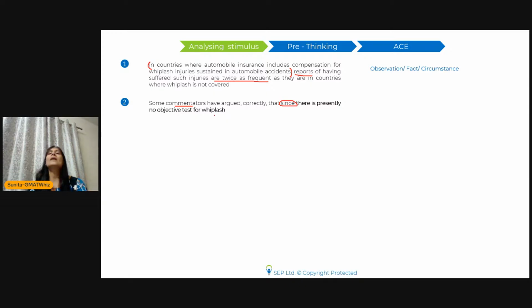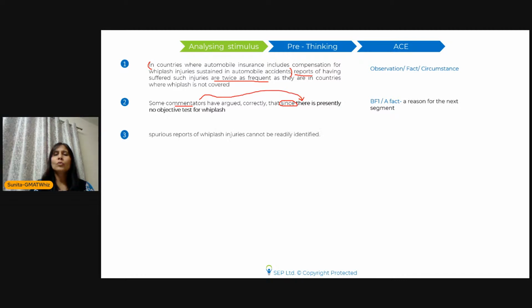So I've already mentioned in the earlier question, any portion of the statement beginning with since or because, it's a premise. So this is a fact. The part in the boldface is a fact. The commentator's argument has yet not been mentioned. The commentator is using this fact to present the next part, which is the third party opinion.